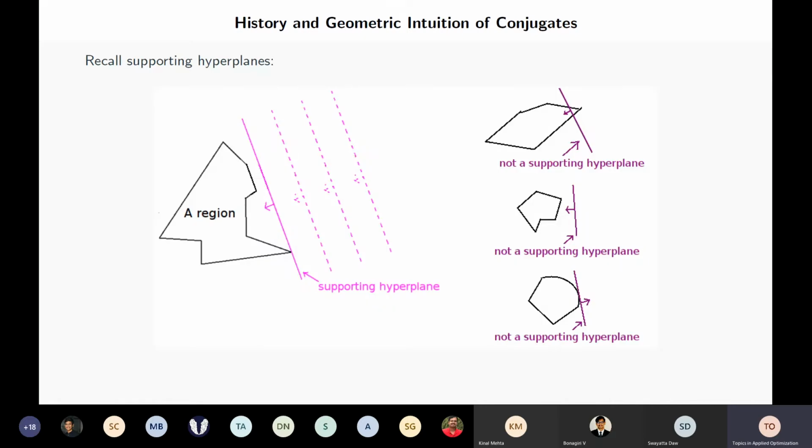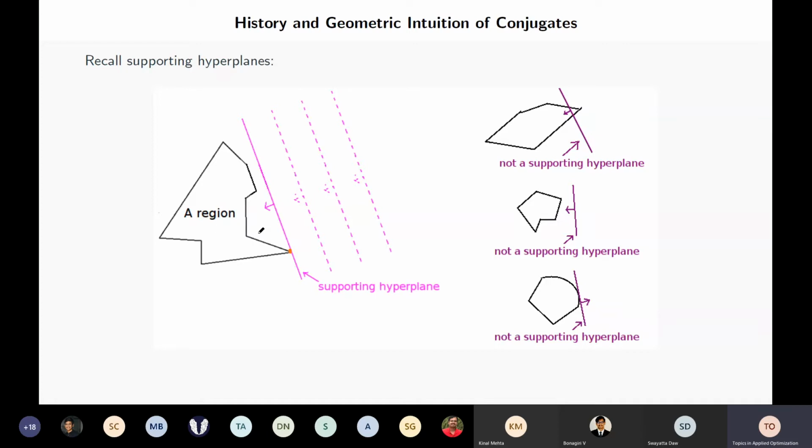So it has connections with the supporting hyperplane. Remember what the supporting hyperplane was? Recall, these are the examples and non-examples of a supporting hyperplane. This is an example of a supporting hyperplane. It is like a plane that just comes and touches one of the points of your set.